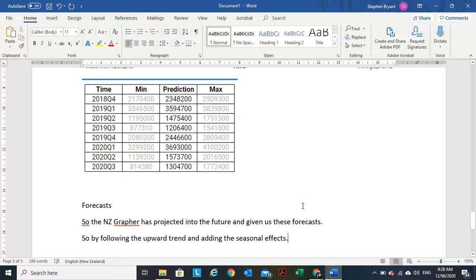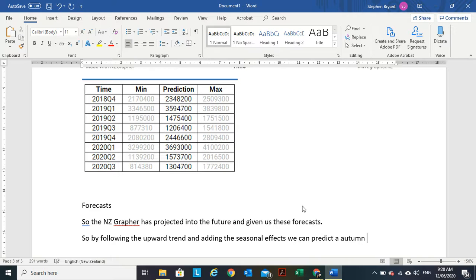So by following the upward trend and adding the seasonal effects, we can predict, because summer was pretty normal in 2020, let's go to a time that was not normal. Let's go to autumn.